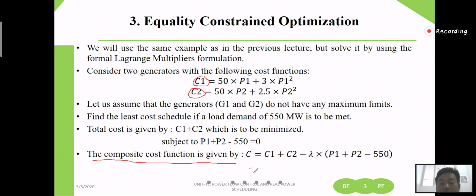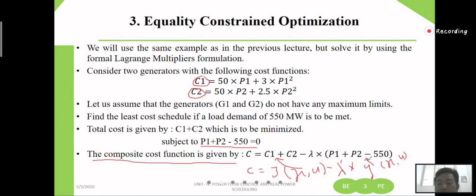Same as earlier, that step I have given: C equals J of x comma U minus lambda dash into G of x comma U. Here J of x comma U is our total cost function, which has to be minimized, and it has to fulfill the equality constraint G of x comma U.